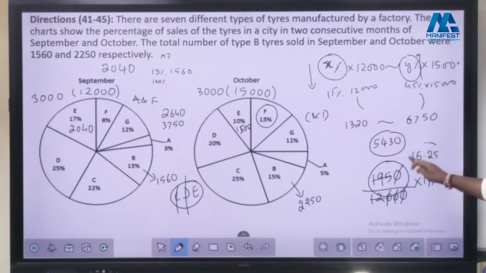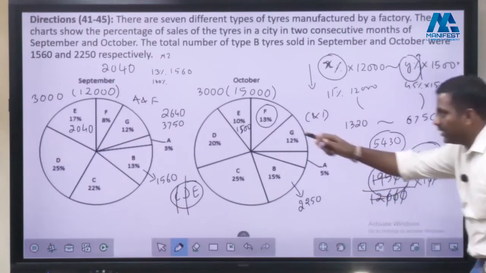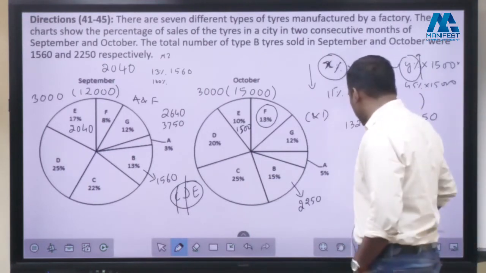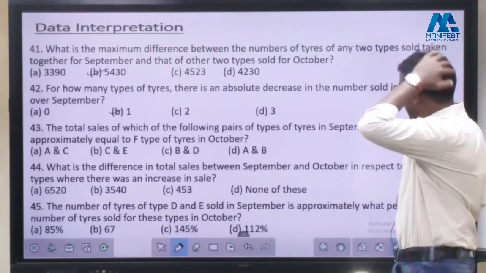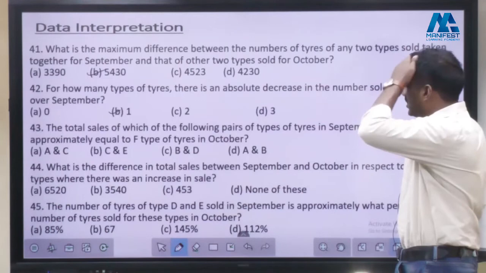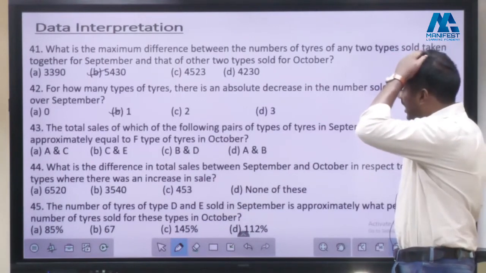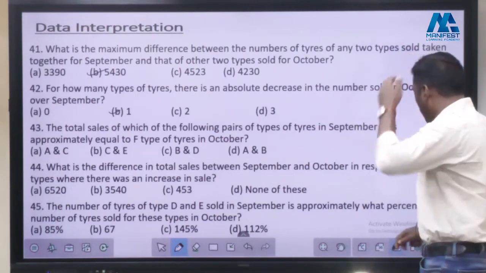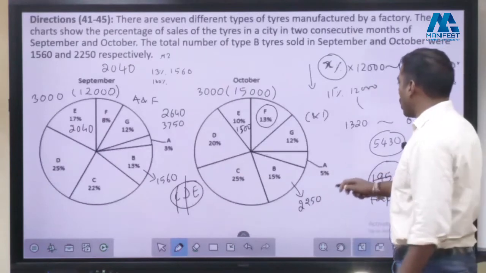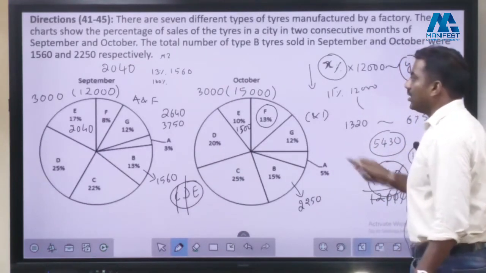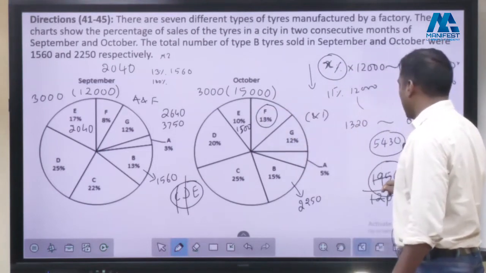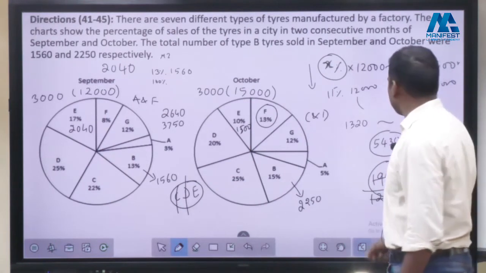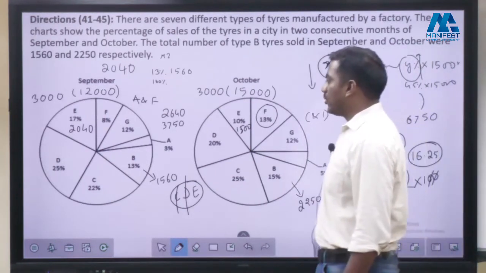So totally it has to be 16.25% of this one. So what is the question? The total sales of which of the following pairs of types of tires in September was approximately equal to F type of tires in October. F type we have got 1950. 1950 out of 12,000, what is the percentage? It is 16.25.